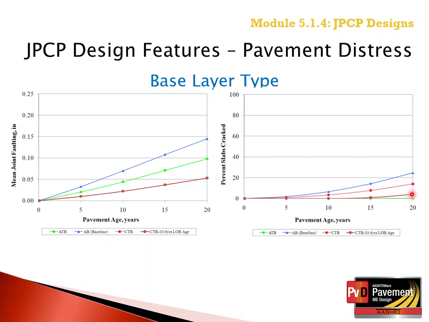The next line, the solid red, is a cement treated base, but with much stiffer stiffness than the cement treated. This is more like clean concrete. And then the ATB is shown here, percent cracked slabs, which is significantly less. So the primary reason for percent cracked slab has to do with the erodibility index between these different types of base materials, as well as the modulus of the different base materials.